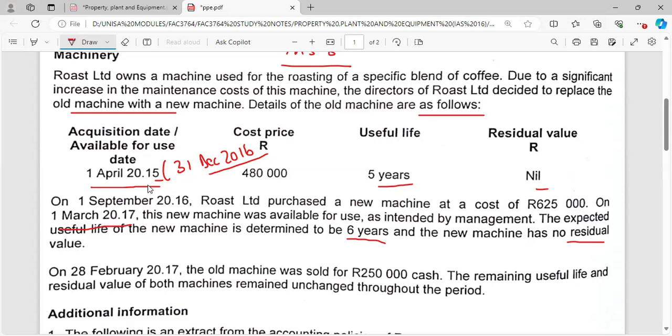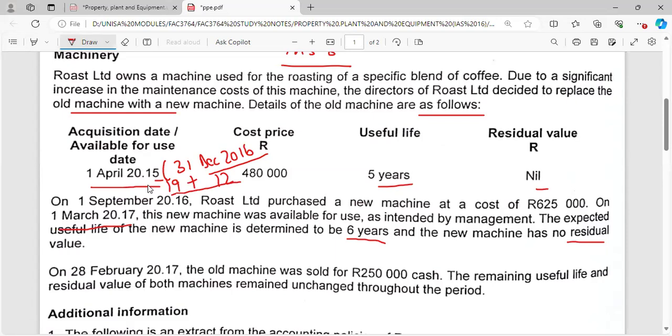So here it's going to be 12. Then here it's from April, January, February, March, 9. So it's going to be 9 months. So we're going to have 21 months of accumulated depreciation.